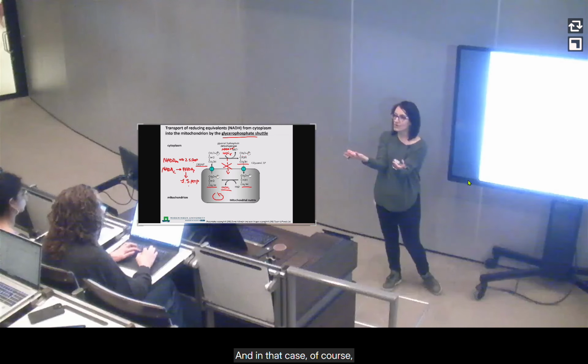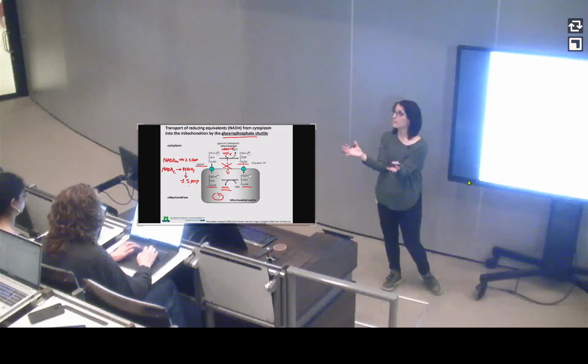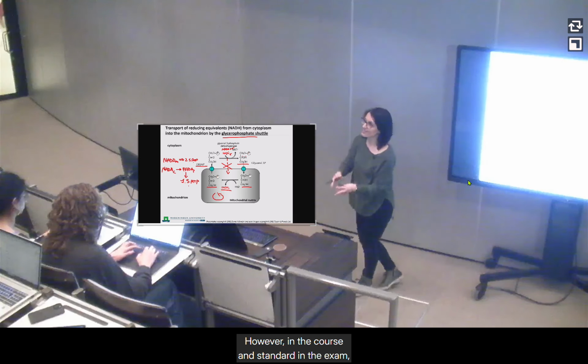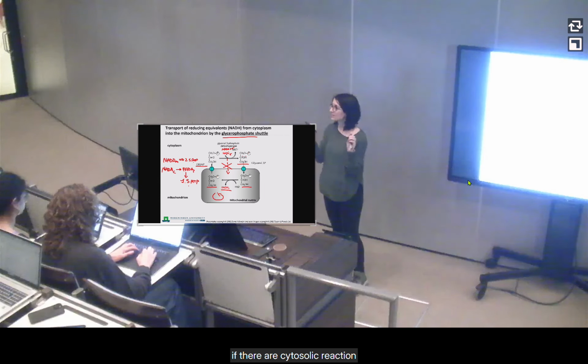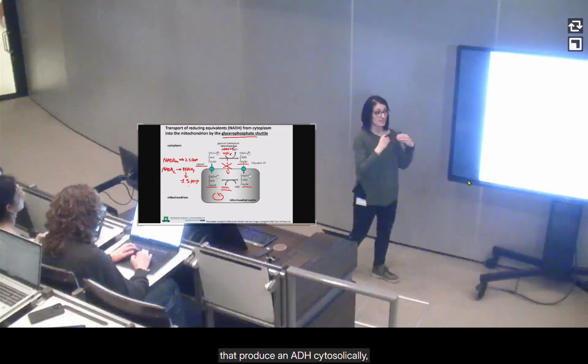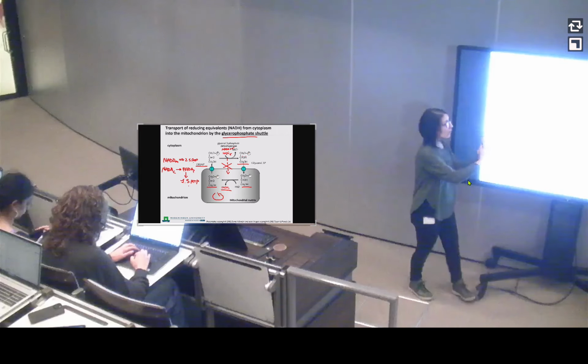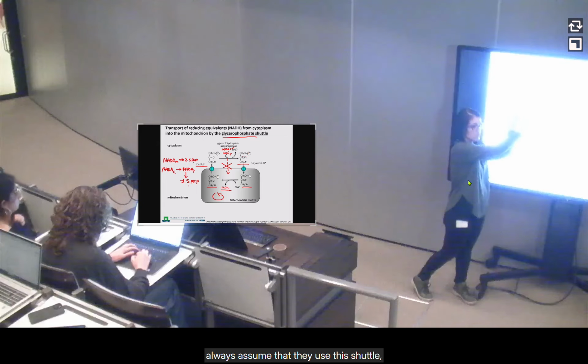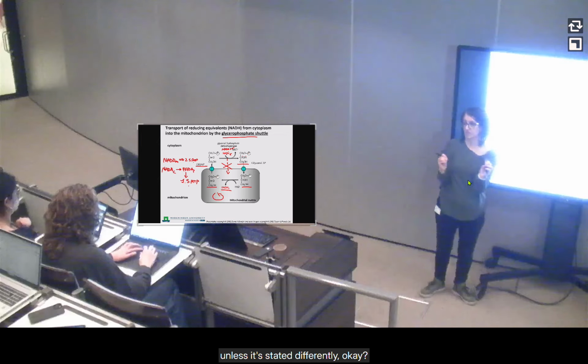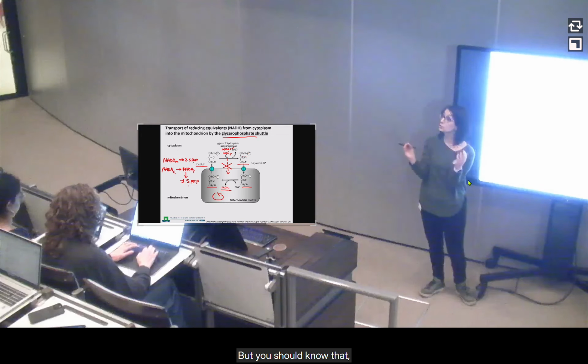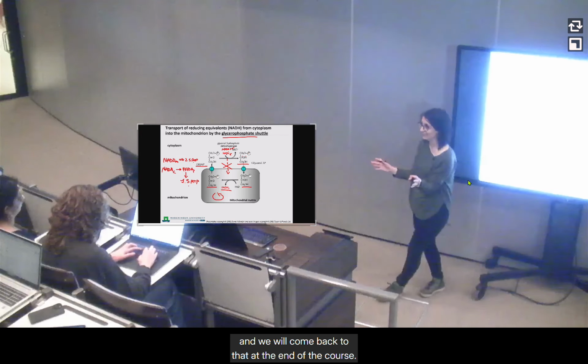And in that case, of course, it will be the same amount of energy. However, in the course and standard in the exam, if there are cytosolic reactions that produce NADH cytosolically, always assume that they use this shuttle unless it's stated differently. Okay? But you should know that, and we will come back to that at the end of the course.